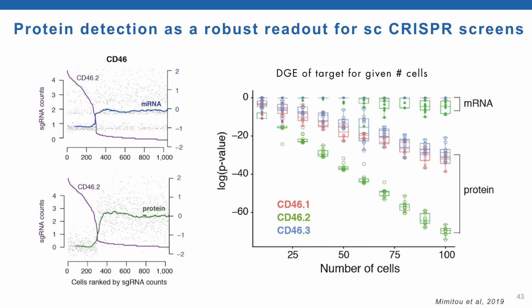This is clearly just a proof of principle example here. This is not the sort of screen you would typically do, but what we think is that coupling the fact that you can detect protein more robustly and you can detect changes more robustly, with the ability to really ramp up the number of proteins you can interrogate in a single assay, as shown by our 220 panel experiment earlier in the talk, the gene expression signatures that people use as readouts for these CRISPR screens will become so much more robust with significant amounts of protein markers in there as well.